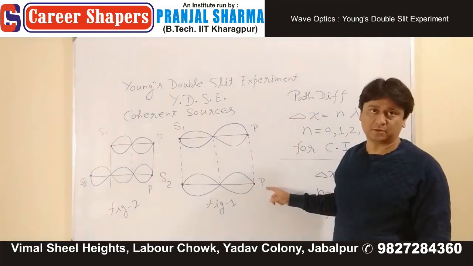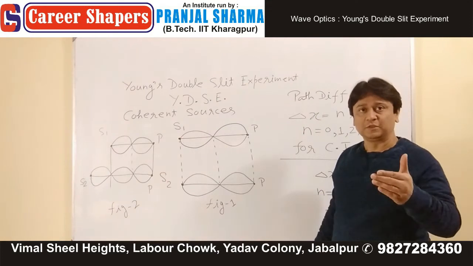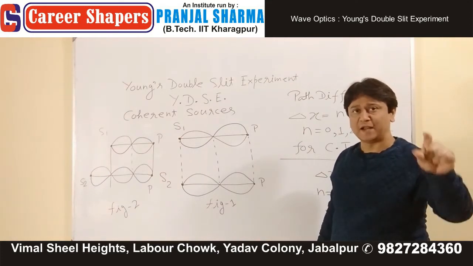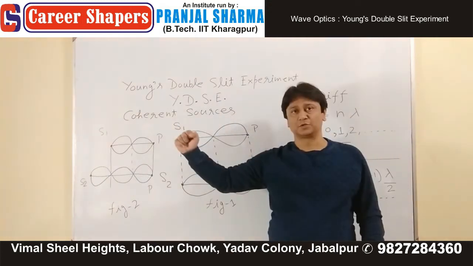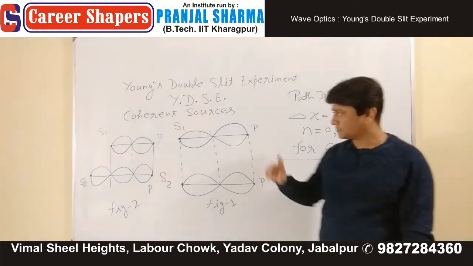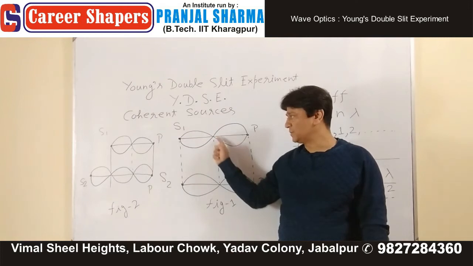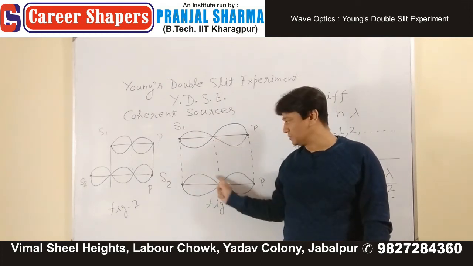Dark fringe. S1 and S2, they are always maintaining pi. They will be called what? Coherent sources.